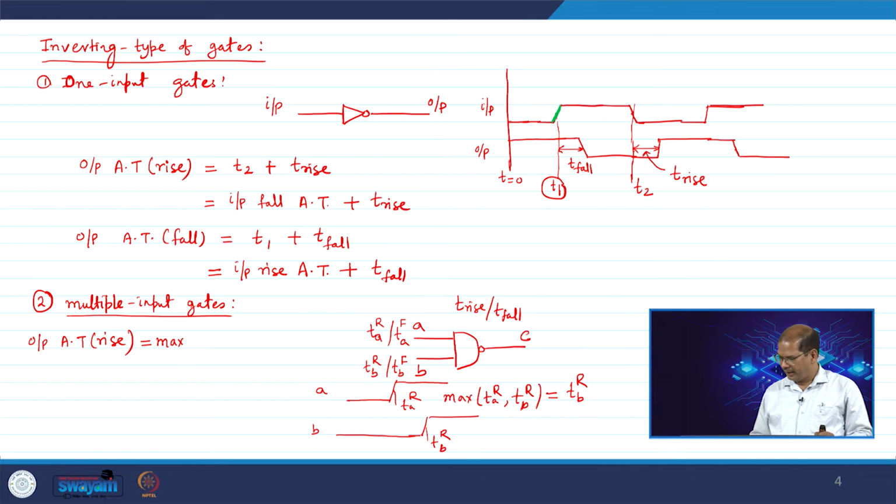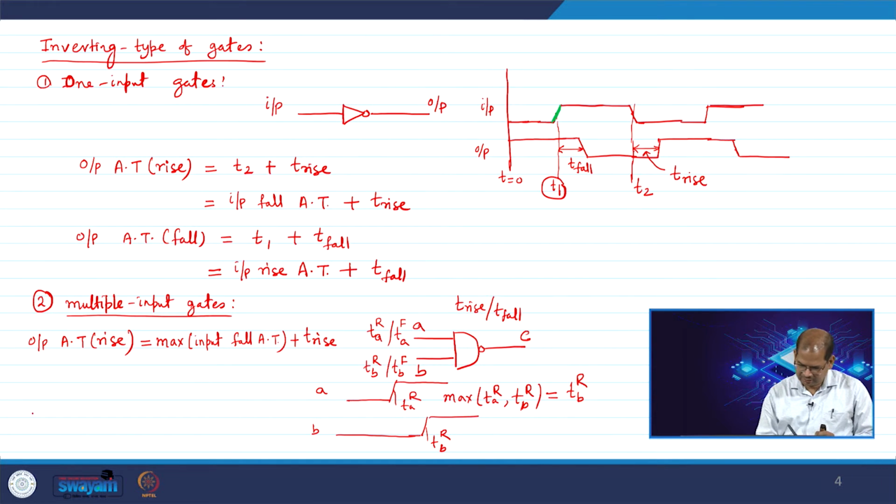So, output arrival time rise is max of input fall arrival time plus T rise, your rise delay of the gate.